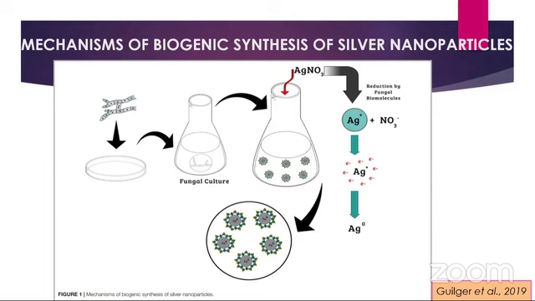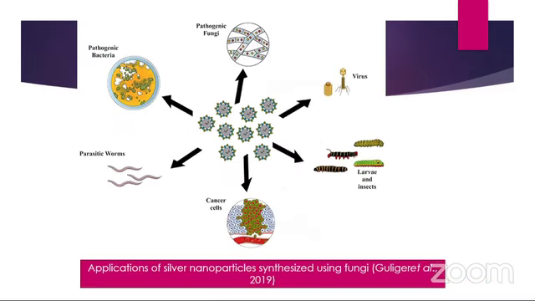So moving on, here we'll see applications of silver nanoparticles, specifically silver nanoparticles which can be synthesized from fungi. Here you can see many studies of biogenic synthesis of nanoparticles using fungi have shown very promising results in agriculture these days for controlling pathogenic fungi and bacteria.